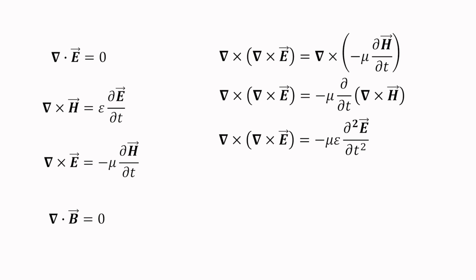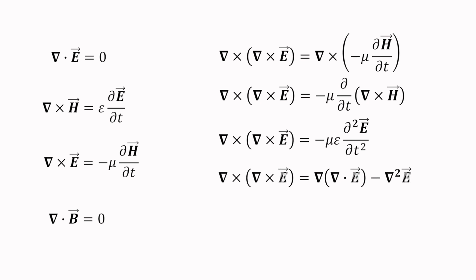And the right side of the equation equals minus mu epsilon times the second time derivative of E. Now we make use of a vector identity that states that for any vector field A, the curl of the curl of A equals the gradient of the divergence of A minus the vector Laplacian, or del squared, of A. I'll show you the proof of this identity in a separate session that will provide a review of some vector calculus fundamentals.